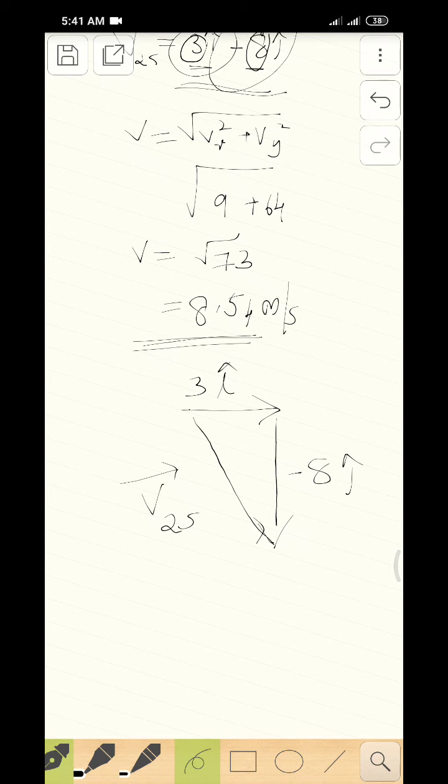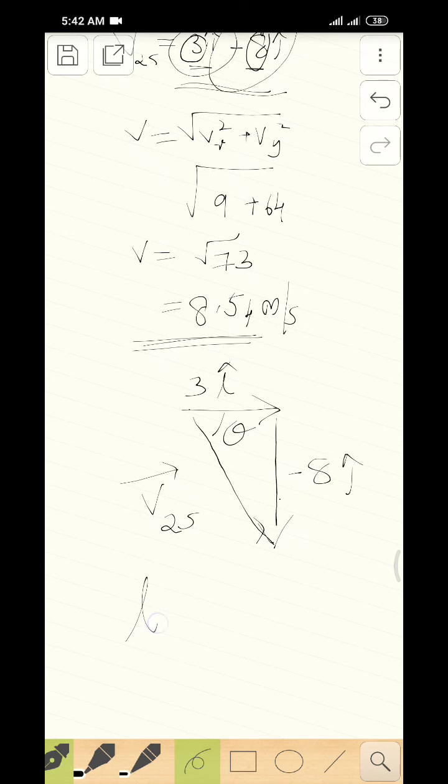So now consider the angle which is made by the velocity vector with the horizontal x-axis, that is theta. If you are considering the Pythagoras theorem, tan theta will be equal to the opposite side divided by the adjacent side.